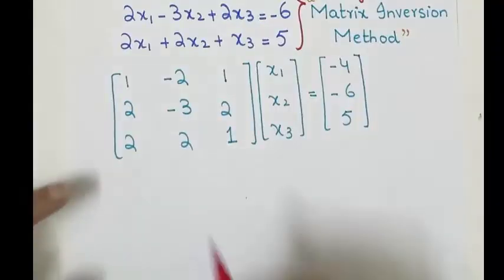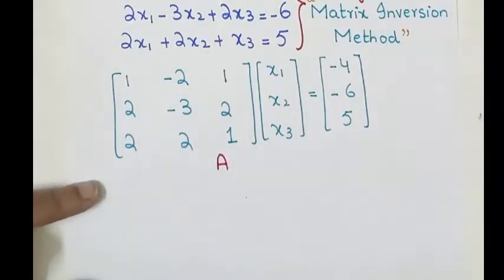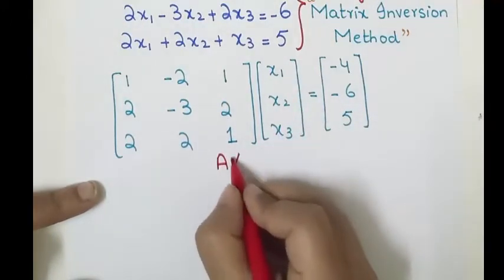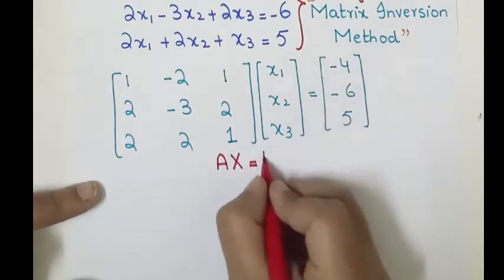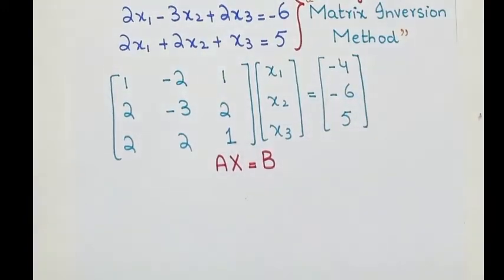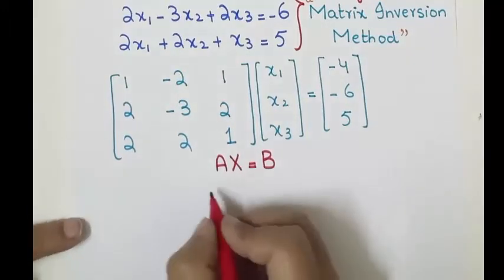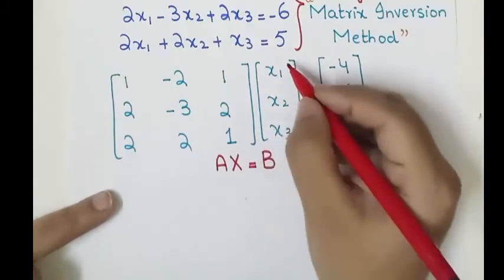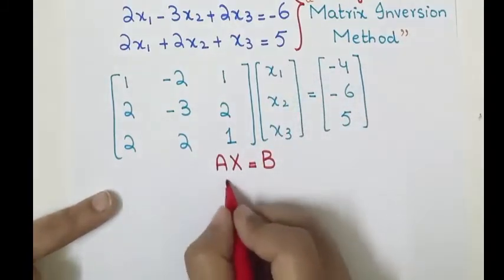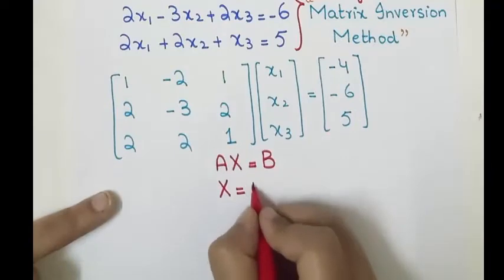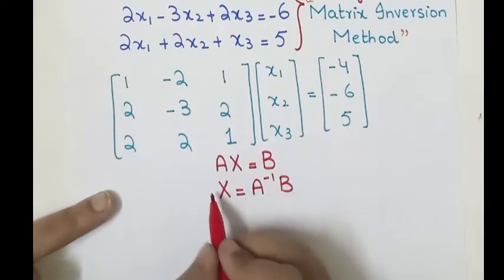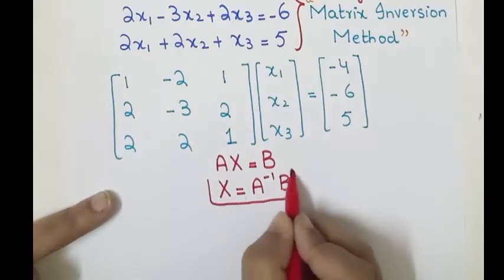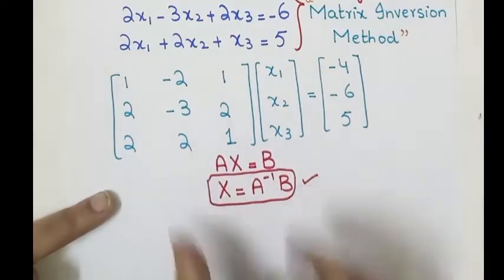Let me say that the first matrix is A, this matrix we denote as X, and this one as B. So AX is equal to B. Because we have to find the value of x1, x2, x3, we can say that X is equal to A inverse B. We have separated out X so that we can find the value by putting in this formula.